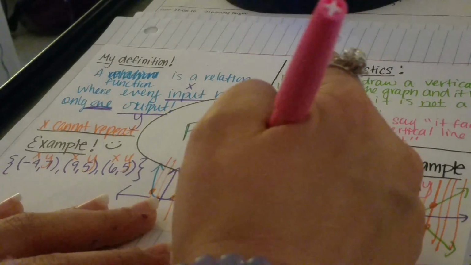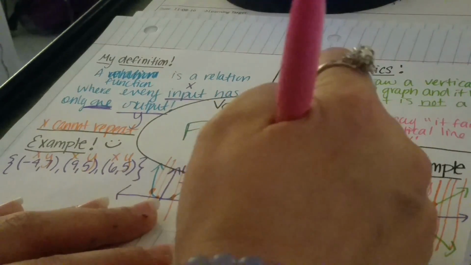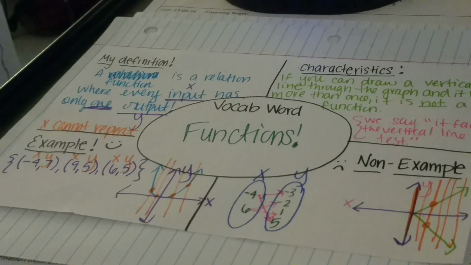That means it's not a function. That's what it looks like when it's not a function. X cannot have 2 arrows in a mapping. That means it repeats. What cannot repeat? X. What can repeat? Y.